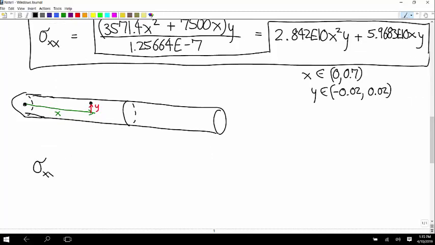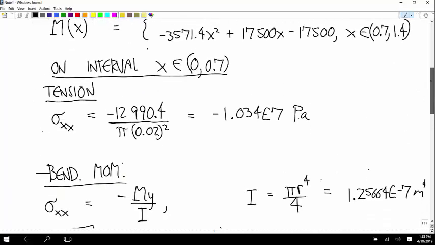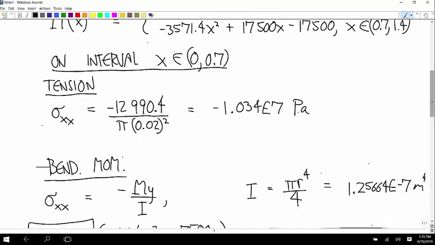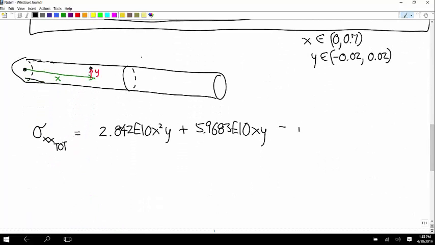And then the total x normal stress is 2.842 times 10 to the 10 x squared y plus 5.9683 times 10 to the 10 xy minus 1.034 times 10 to the 7.